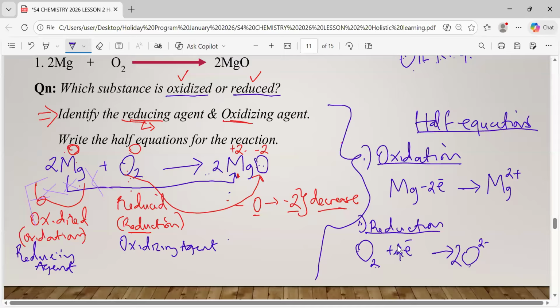So this one becomes 4 electrons. So you can see this becomes our half equation for reduction, and that is the half equation for oxidation. So when you combine the 2 equations, that's when you get back your original equation, which is a redox reaction.